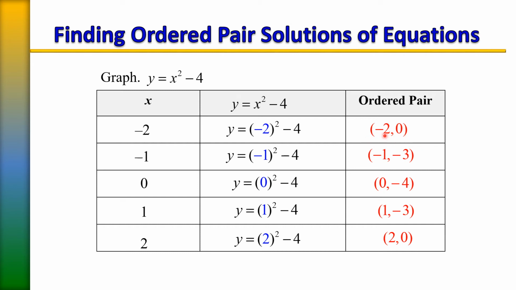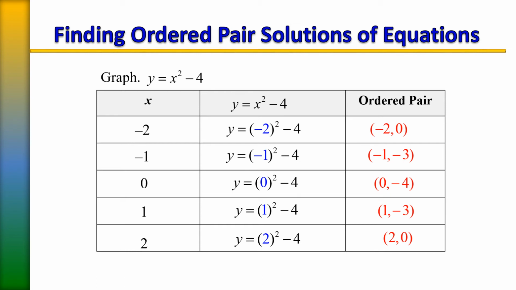When we plugged in a -2, we got out a 0. Plugging in a +2, we get out a 0. And so on the next page, we're going to graph, and I want to show you how these two sides relate to each other. But yes, there's the other method here of simply finding what we call ordered pair solutions, and then using those ordered pairs to graph our lines.